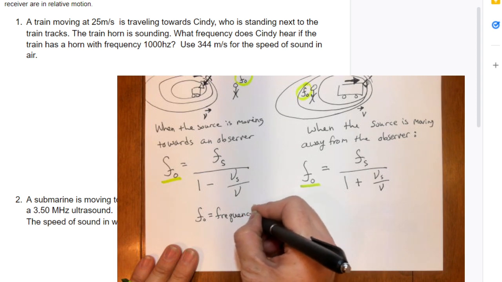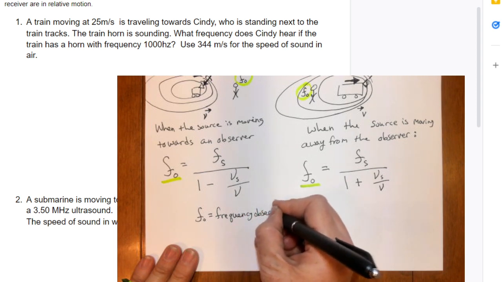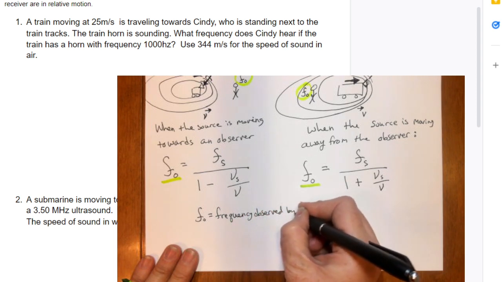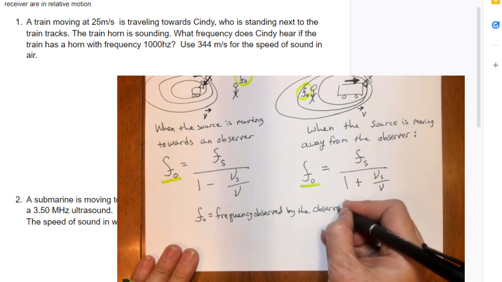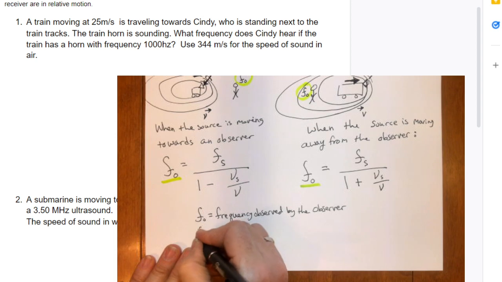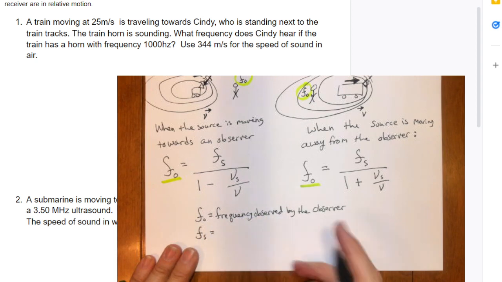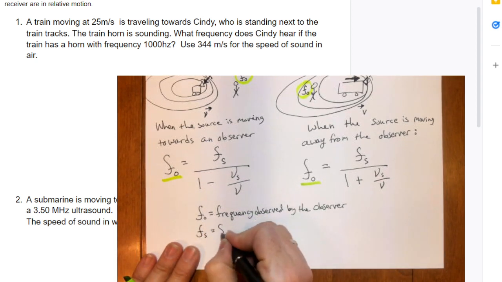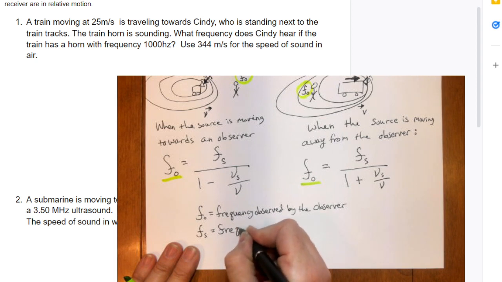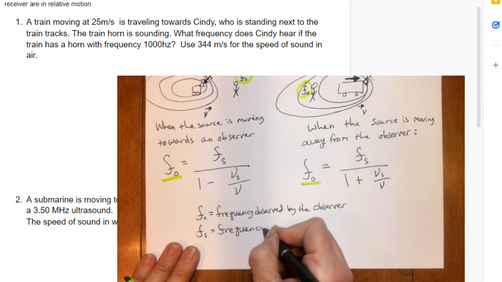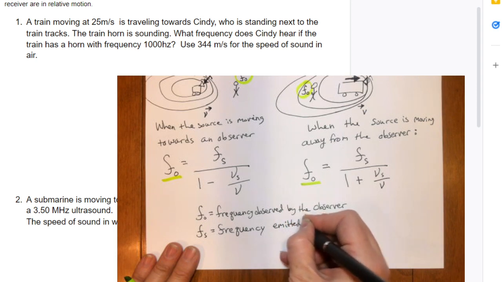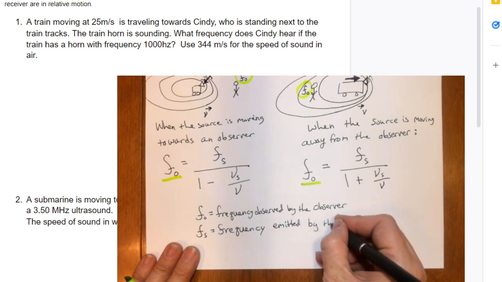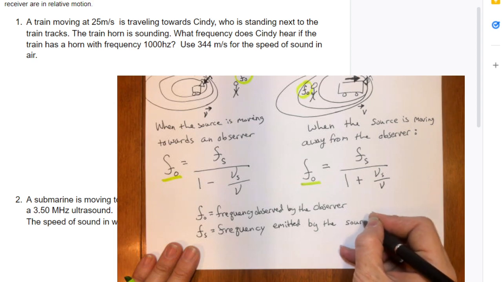You can write that in your notes. F subscript S is the frequency emitted by the source. The frequency emitted right there at that siren.